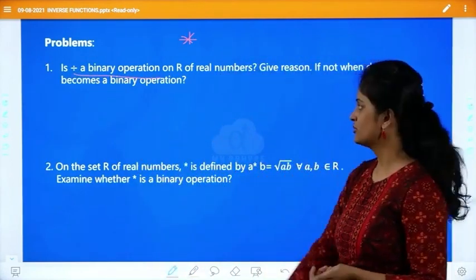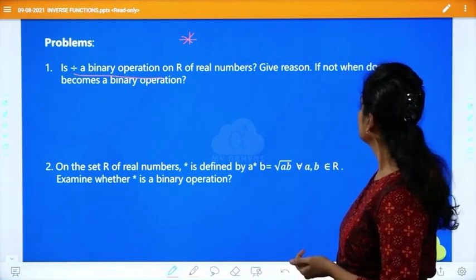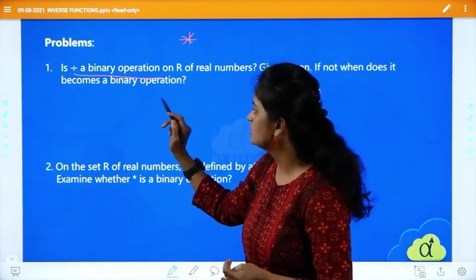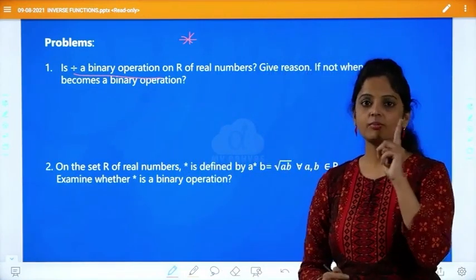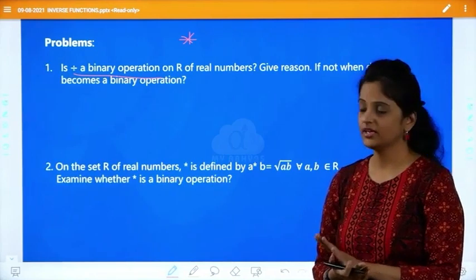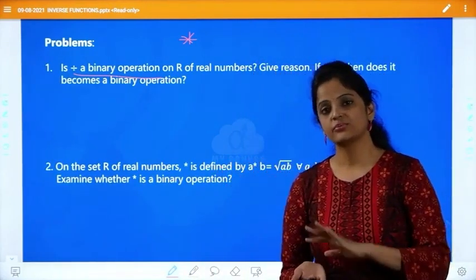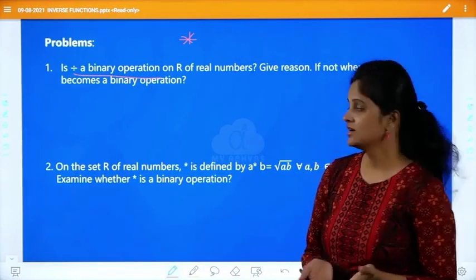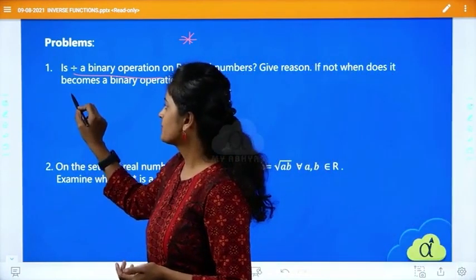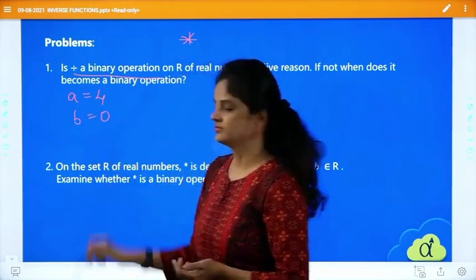Is a star a binary operation on R, the set of reals? Give reason. If not, then when does it become a binary operation? 1 mark question. Division is a binary operation or not? So let's see how division is not a binary operation and when division is a binary operation. Suppose I take A is 4, B is 0.